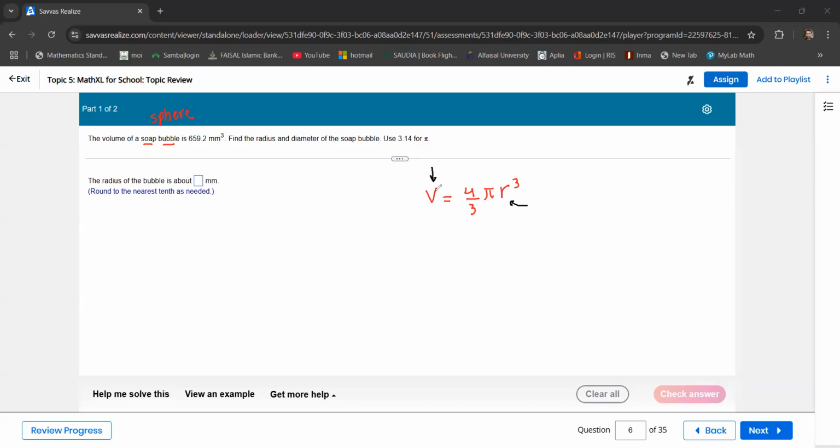So let's substitute now. The volume is 659.2 instead of V. Then we write 4 over 3 pi, which is 3.14, multiplied by r cubed.